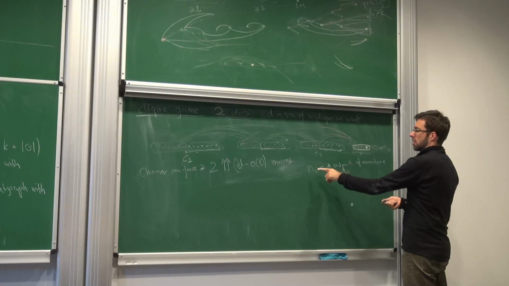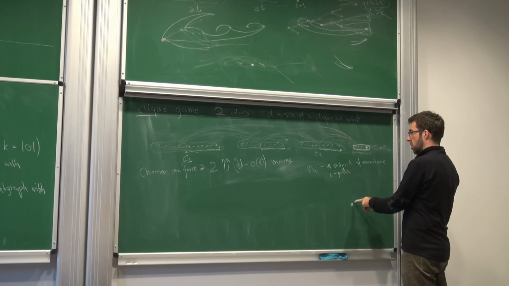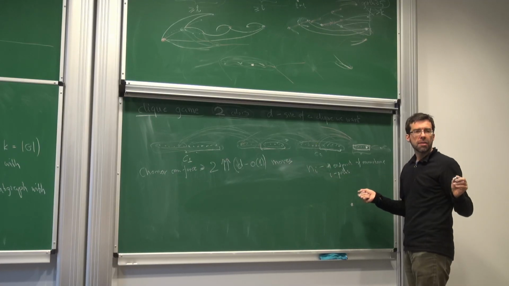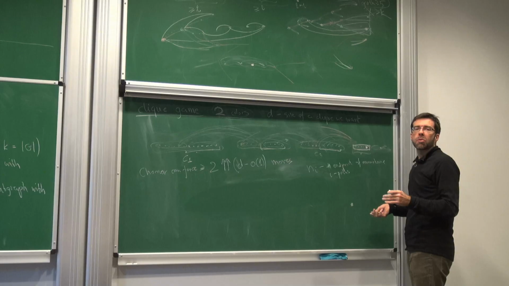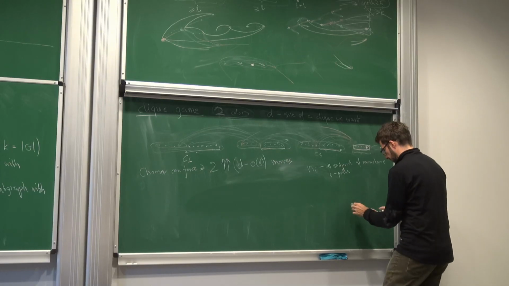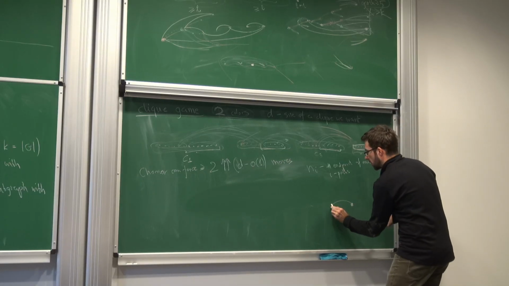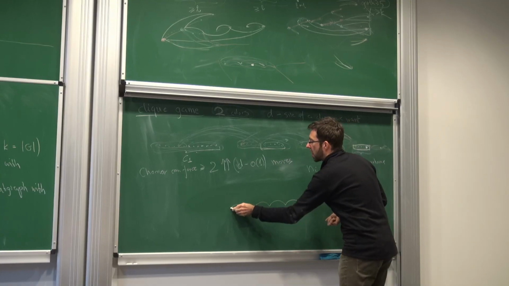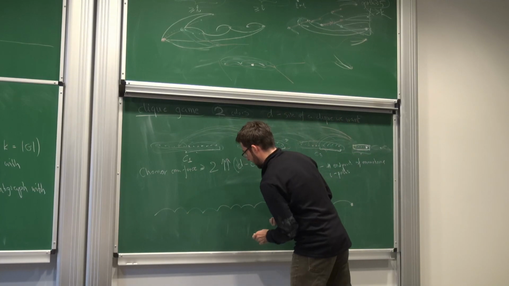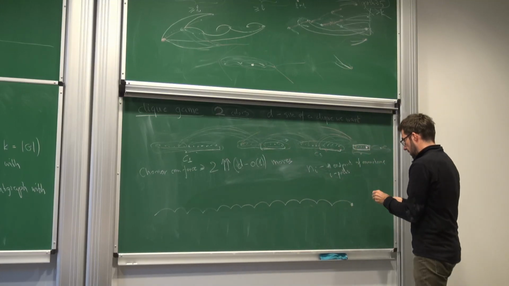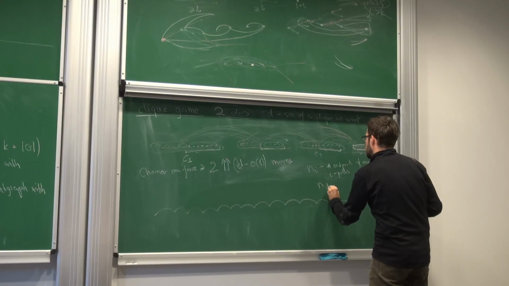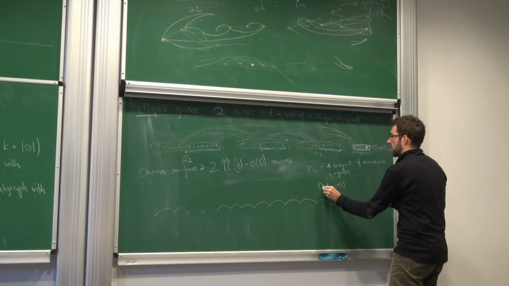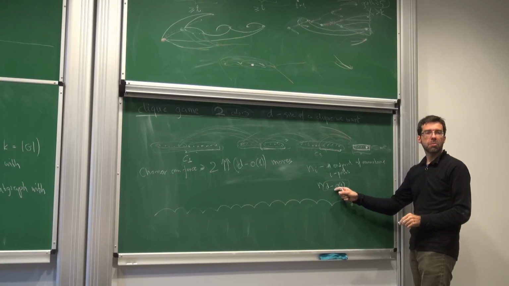So for some number d, we want n_d to be at least 1. But let's subtract some constant from d. If we have a path of length d, then we are going to look at n_{d minus some constant} as our starting point.